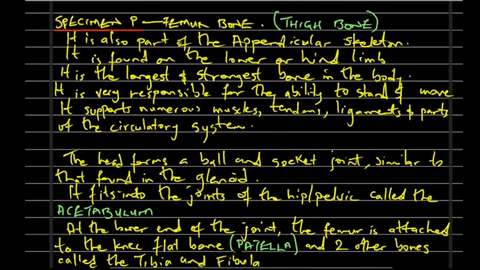So those other bones are the bones of the lower part of the knee. So we need to understand all of this.